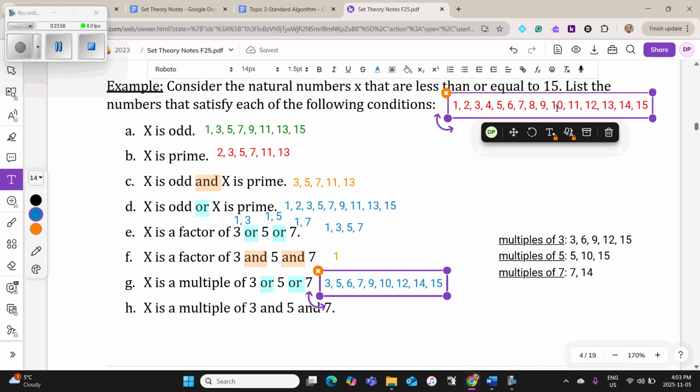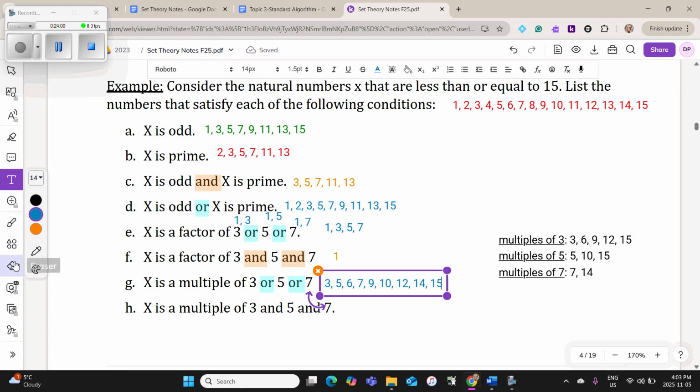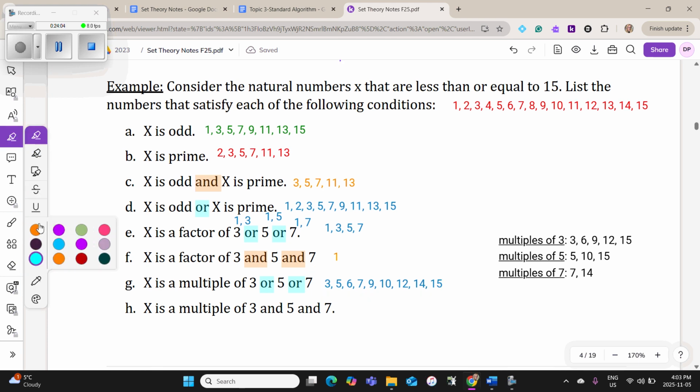Okay, then when I use the word and, now it has to be in all of those sets. Funnily enough, I don't see any numbers that are in all of those sets, so this one is going to be none.